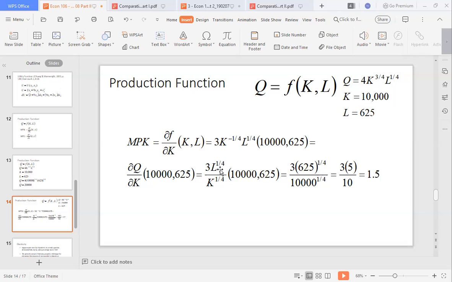So that's now K raised to the power of 1/4. Which means, class, that our numerator now is 3 times L raised to the power of 1/4, over K raised to the power of 1/4, times K and L here.